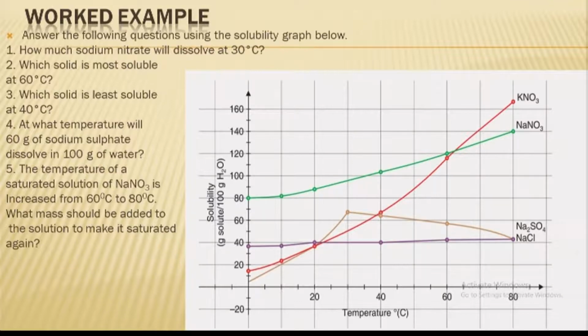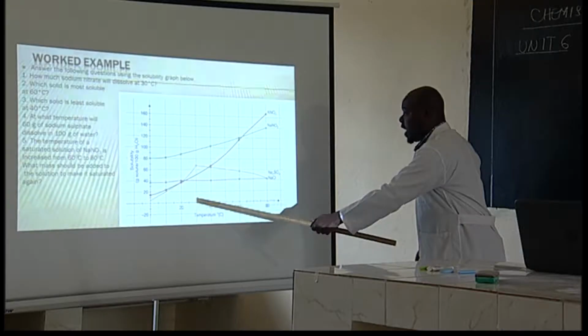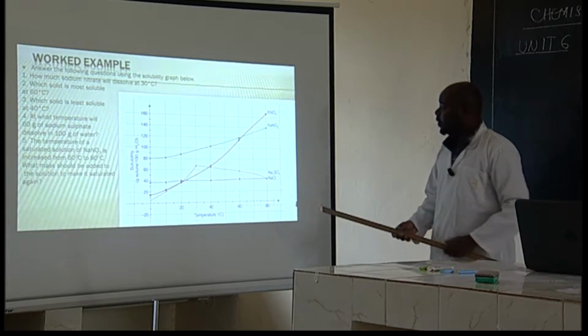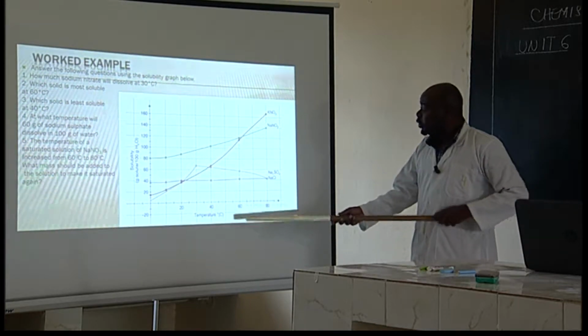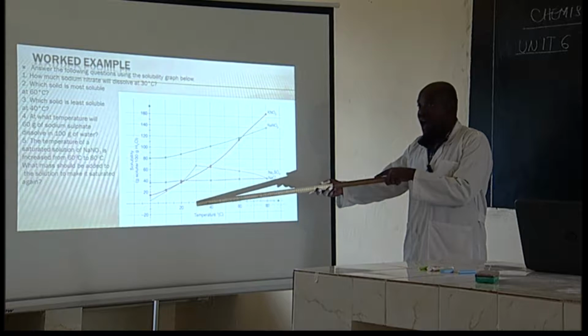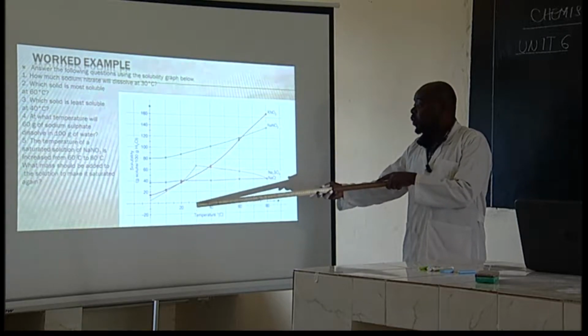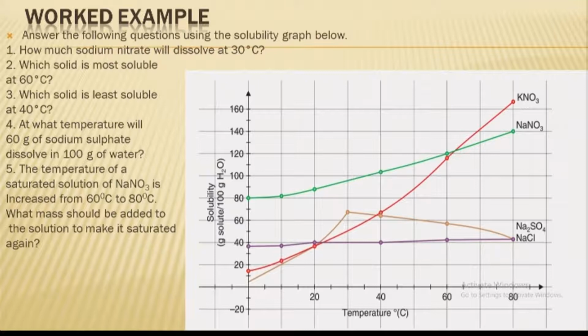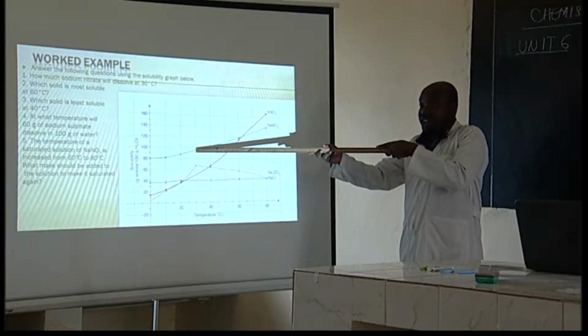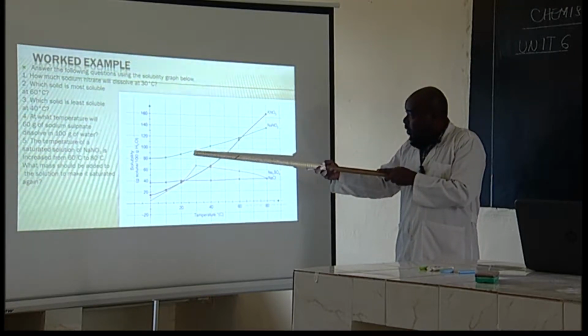Now, let us find the solubility of this sodium nitrate at a temperature of 30 degrees. You draw a vertical line. As I said, you will make sure that it is perpendicular to the x-axis. And it will go up like this, up to this point. You make sure that it touches the curve, here, from this point.